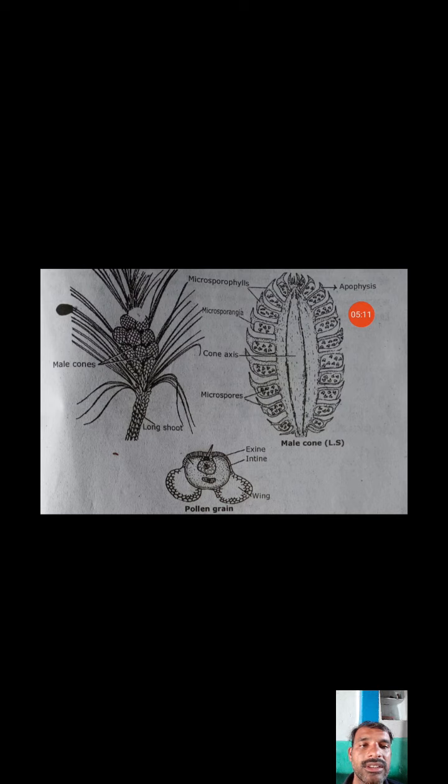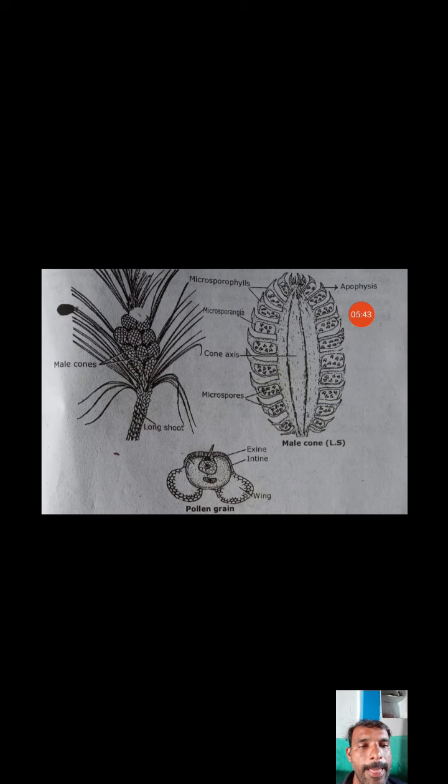Now I can explain the development of the microsporangia. The development of the microsporangia is of the eusporangiate type. What is the definition of eusporangiate? Eusporangiate means the sporangium develops from a group of cells, not from a single cell.